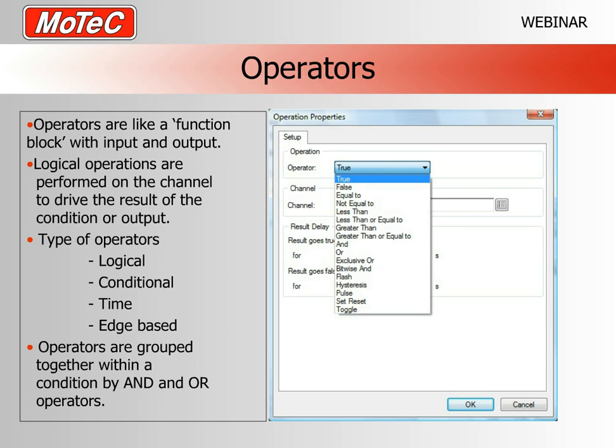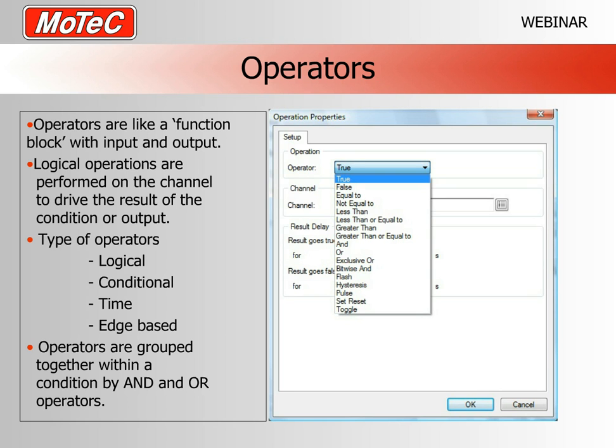Now, there are a number of operators. There are logical operators, conditional operators, time operators, and edge-based operators. Each of these has a use in a particular application, and you can build these into complex functions, as we've said. And normally, operations can be grouped together, which allows us to construct very complicated logic functions.